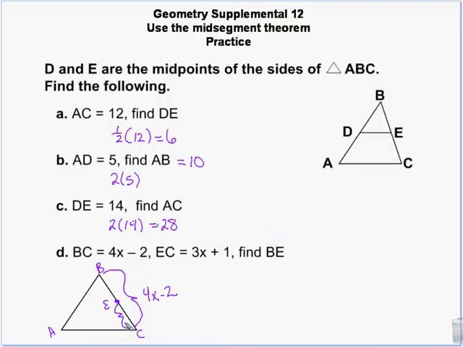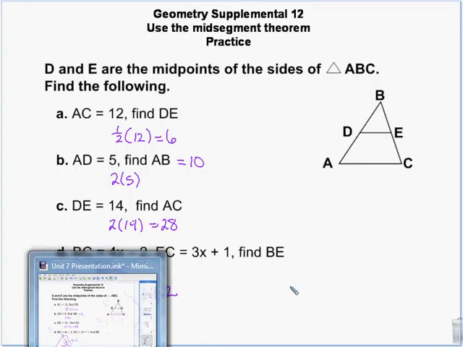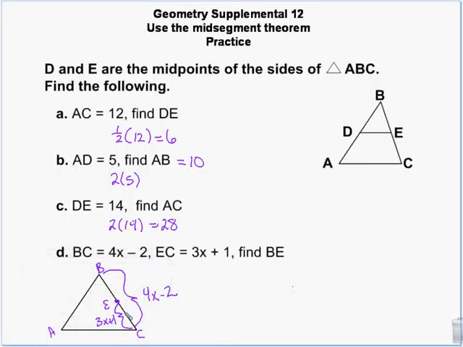EC, this part right here, is 3x plus 1. What we know about this length is it's half of the whole thing. So I need to multiply this by 2 to get the whole length, right? So 2 times 3x plus 1 will equal 4x minus 2. Does that make sense so far?